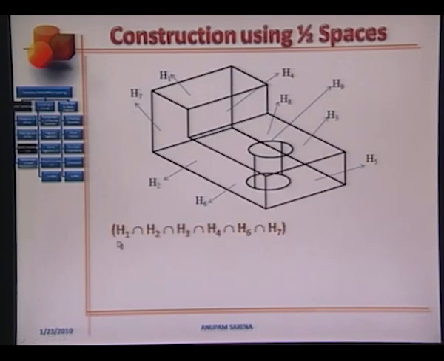The first block can be thought of being composed of the intersection between the half spaces H1, H2, the back side face H3, this front plane H4, the base plane H6, and the back plane H7.